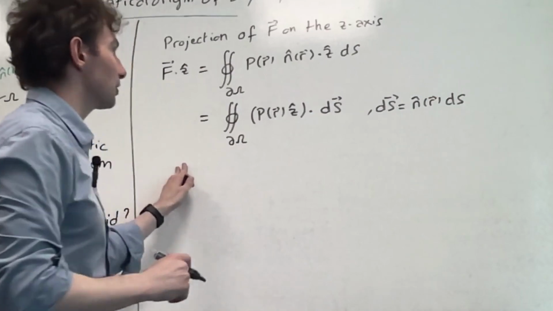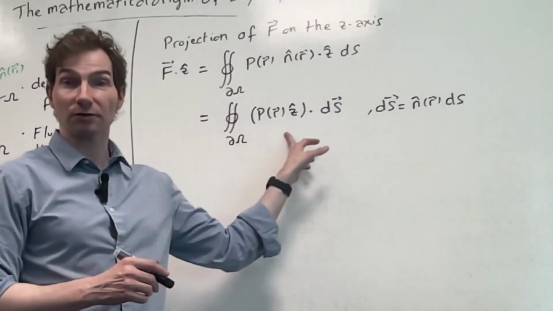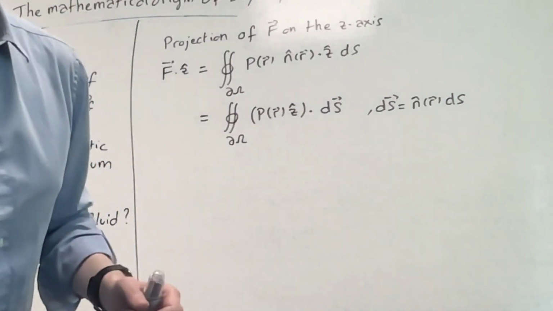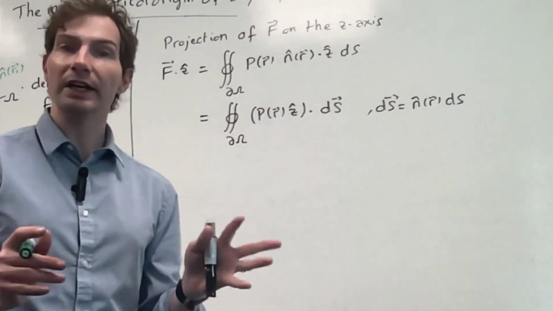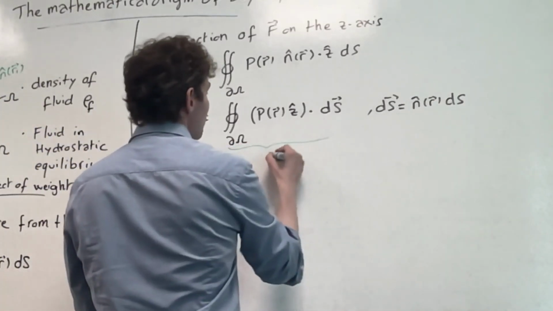So that's a traditional element. But the reason why this is different is because now I've actually written a flux. Before it was some weird looking thing, and now this has the structure of a flux.